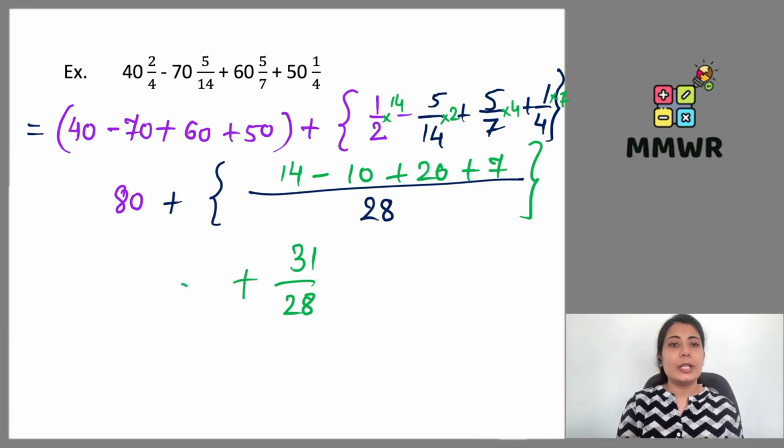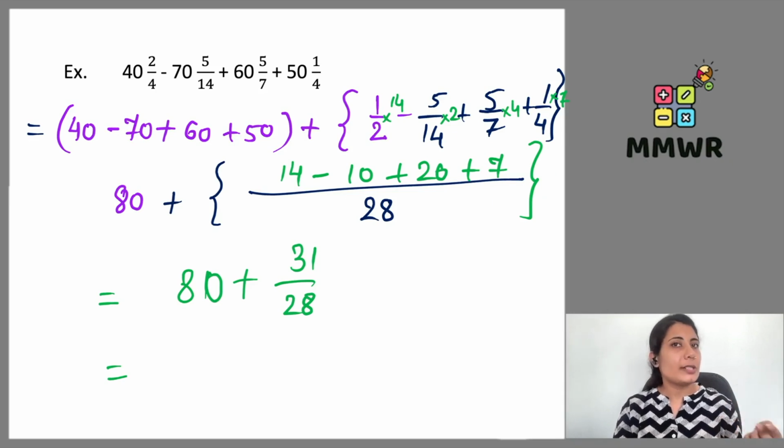So here again we got a fraction with the numerator bigger than the denominator. This is not a proper fraction. 31 is the numerator, which is greater than the denominator 28. So we have to split it furthermore. When we divide 31 by 28, one time it will be divisible.